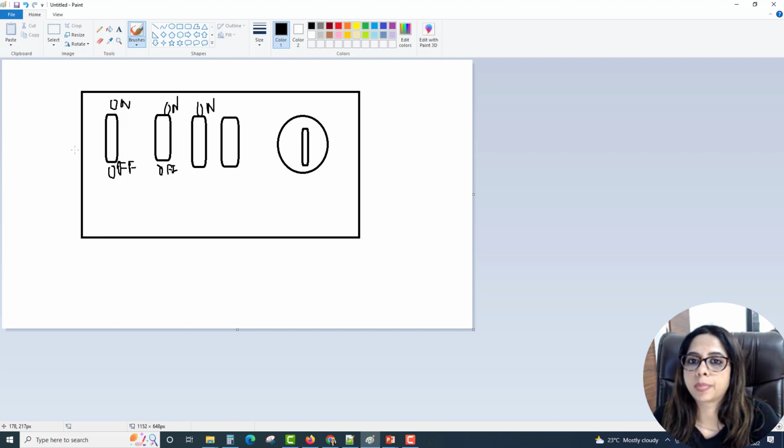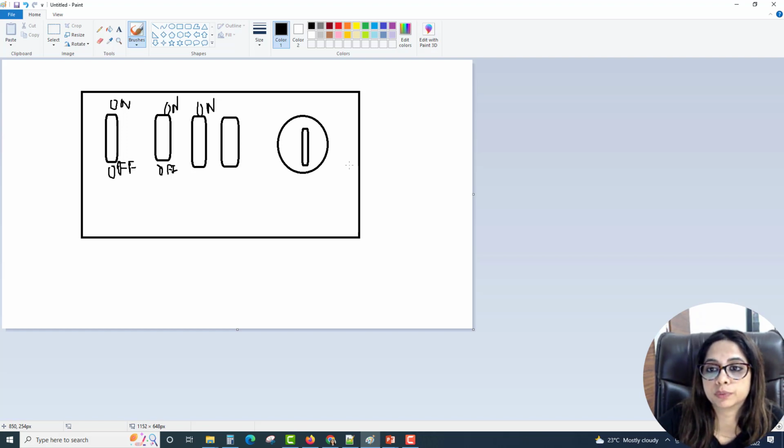We as the users know that if we put this switch on, our electrical appliances will switch on, and if we put it off, it will be off. So that's what we know. We know the business functionality, we know the functionality of the switchboard, right?